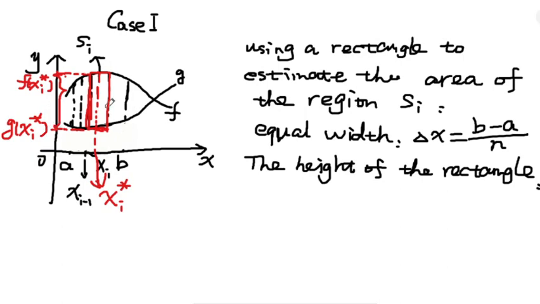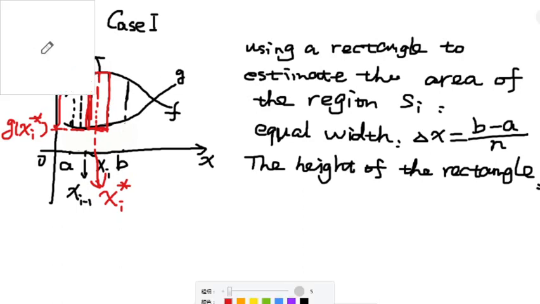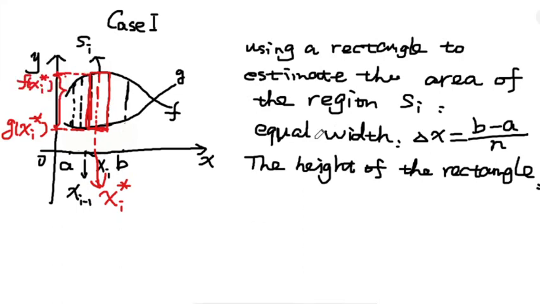Make sense? Now the height for the rectangle is not just the value of one function. It's not like f of xi star times delta x. Now the height becomes the difference. This point is f of xi star, this point is g of xi star, and the height is the difference between those two function values, which is this part.